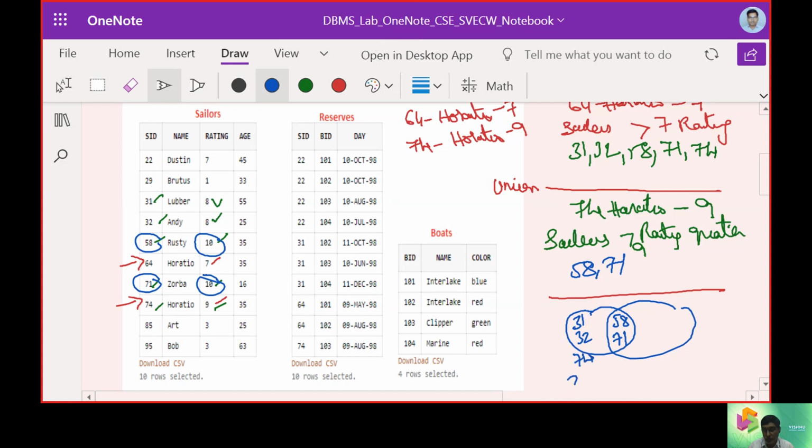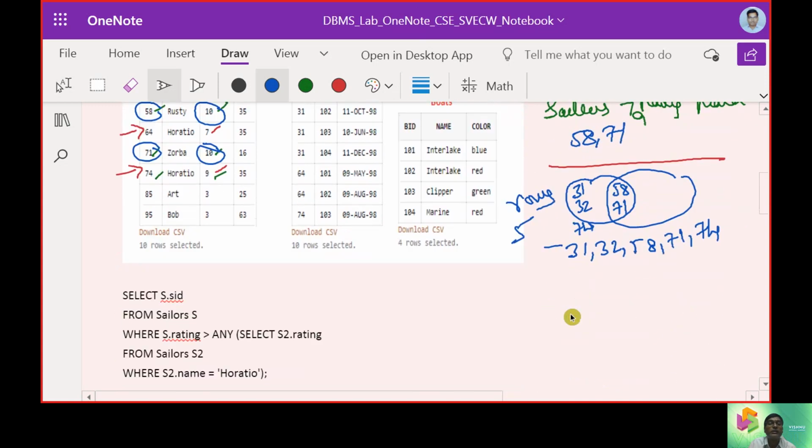So we should be getting 31, 32, 58, 71 and 74. We should get 5 rows. The reason is that we should have the ANY operation in this case.